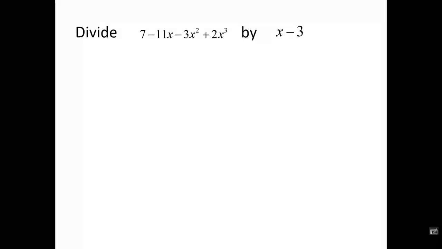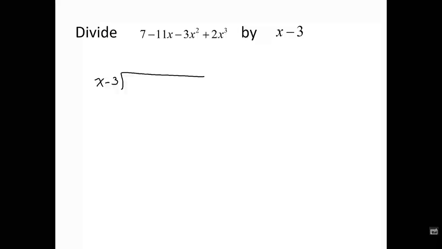Let's consider another example involving long division. We want to divide 7 minus 11x minus 3x squared plus 2x cubed by x minus 3. All right, so our divisor is x minus 3, divided into the dividend.